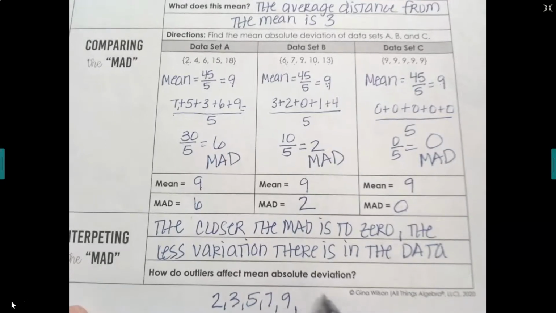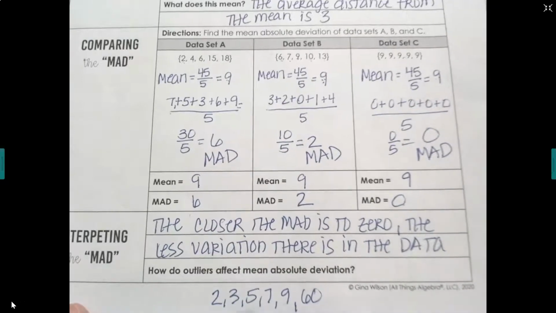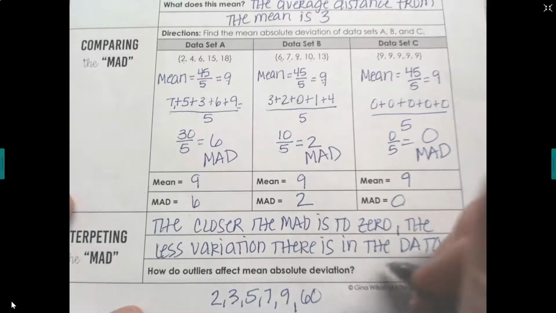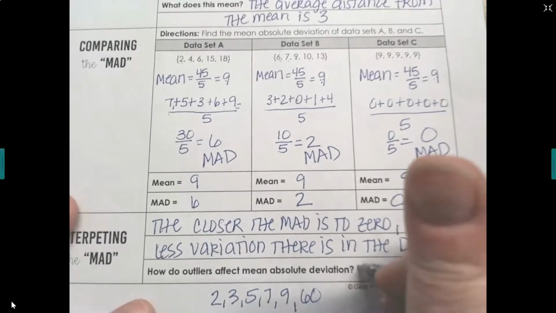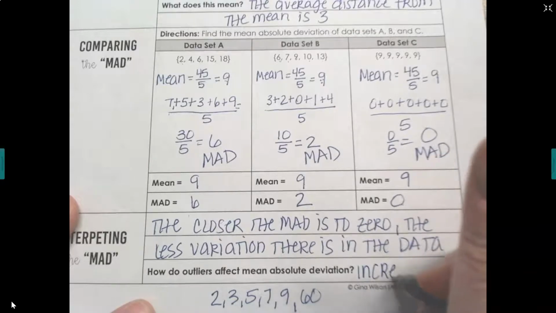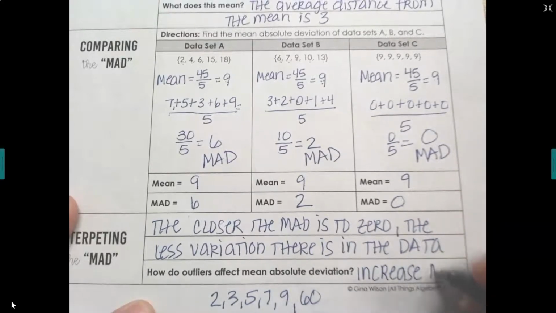But then what if I had an outlier of 60? Now my range is 58. So if you have outliers, it's going to increase your mean absolute deviation.